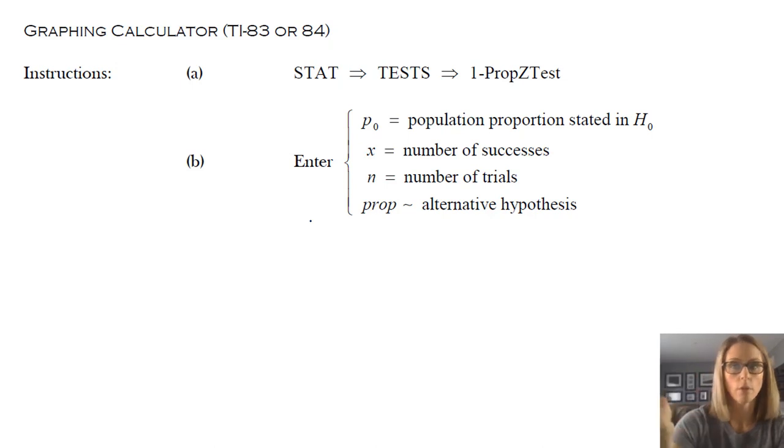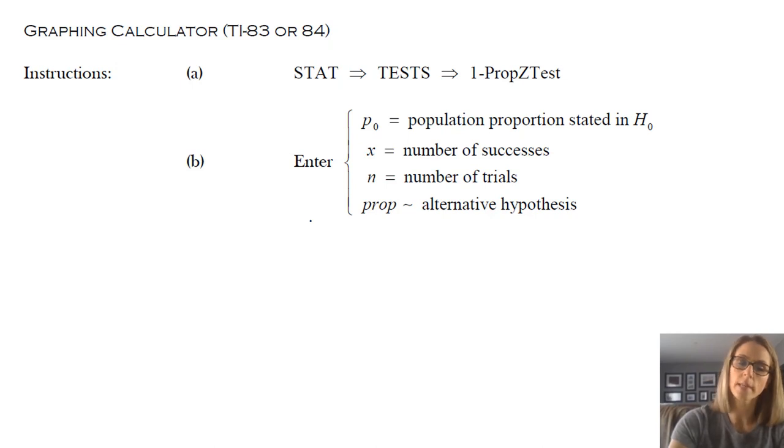That is just the old idea, so 0.321 from our last problem. Notice it wants X and N, which is our data from the sample, so 143 and 500. And then notice it gives you the 3 different options for what kind of test it is. So we want to know, is our sample data not equal to the P naught?